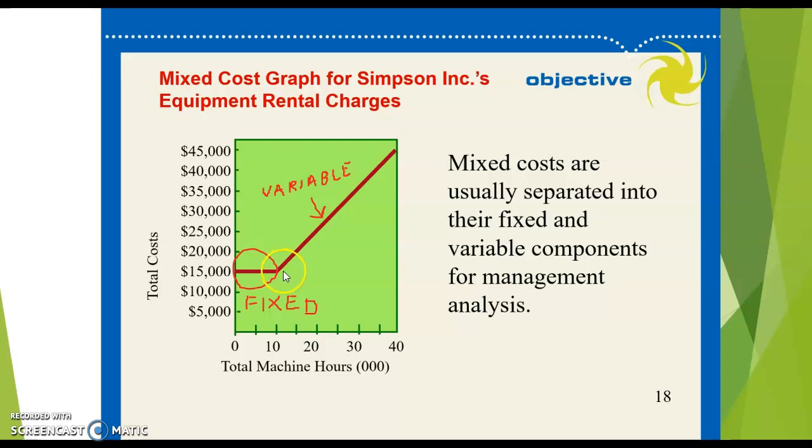This part of the line from 10,000 on up represents the dollar per hour. Since the more hours we use the equipment, the more total expense we'll have, that part is variable. Now, management needs us to be able to cut this mixed cost into its variable component and separately into the fixed component.